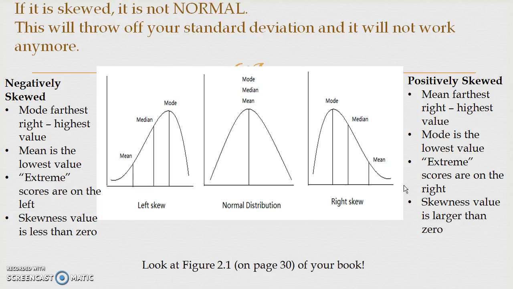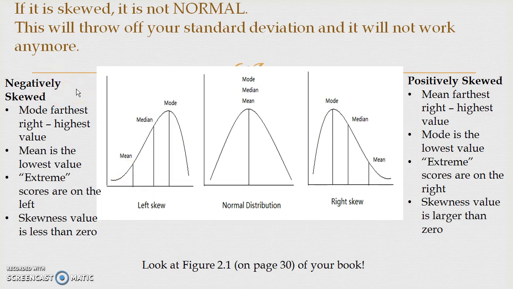So in this case, your mode is the lowest value because there were more students of younger age than of the older age. If I use the test example again, that means more students did poorly, but the mean was pulled towards the right because of the high scores of a few students. So that is why this one is called right skewed and the other is called left skewed, which is negatively skewed.